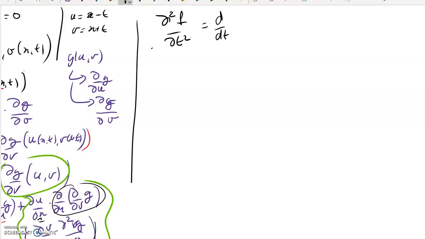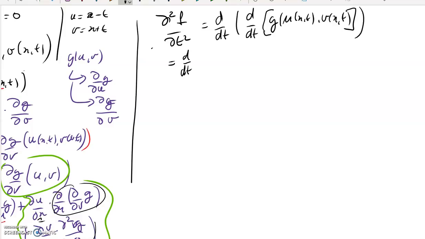d over dt of the d over dt of g of u of xt, v of xt. That's it. Okay, that's what we have to calculate. So pause and do this calculation. Have you been able to do that? So very quickly, let's correct that. So let's do the first partial derivative.